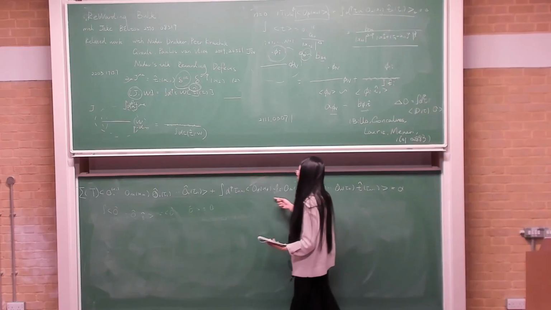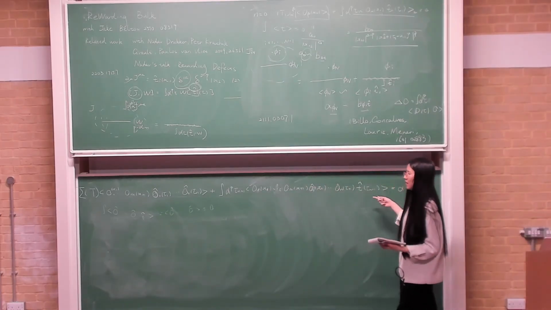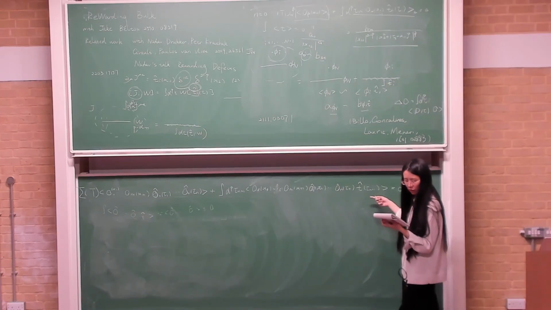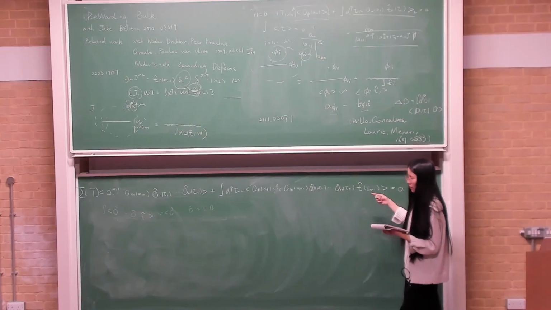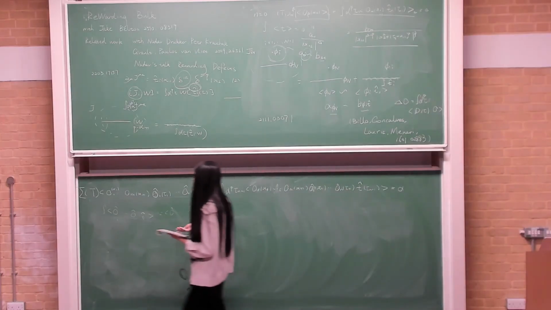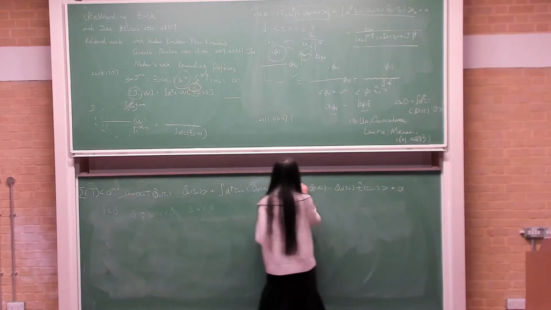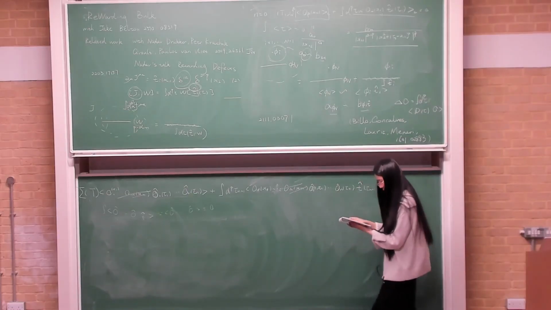And the above equation is a highly non-trivial identity. For simplicity, say I have only one bulk operator.